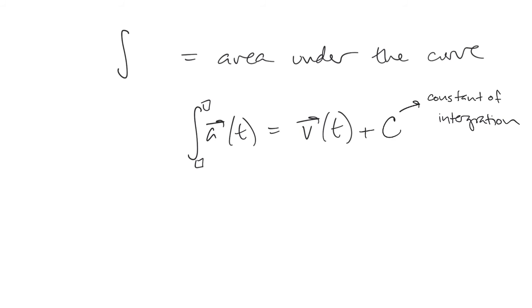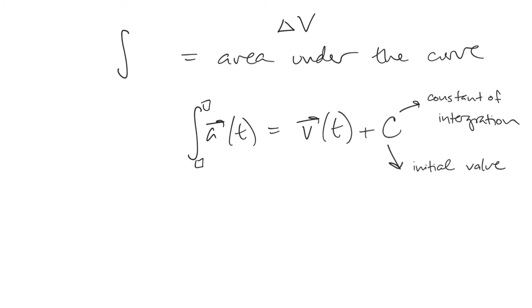Okay? But in physics, that constant actually has a physical meaning. It's not just a mathematical technicality. It has an actual meaning. This c is always going to represent your initial value. Okay? So if the area under the curve only tells us how much the velocity changes, in order to figure out what your actual velocity is after that change, you have to know the initial.